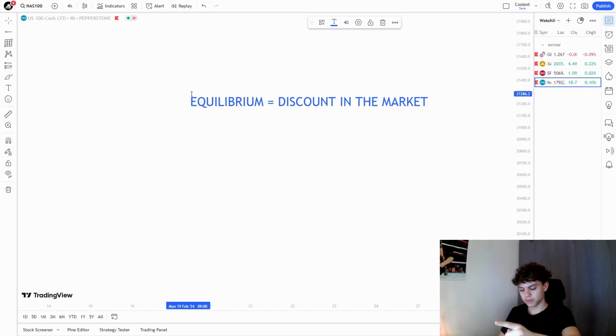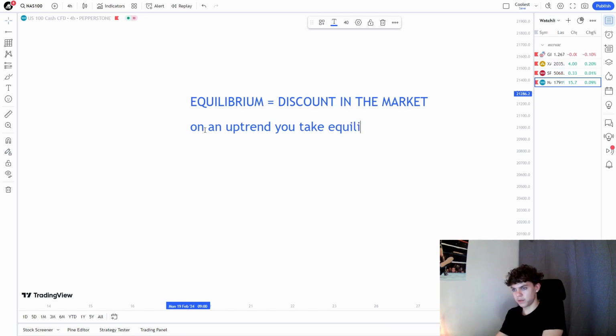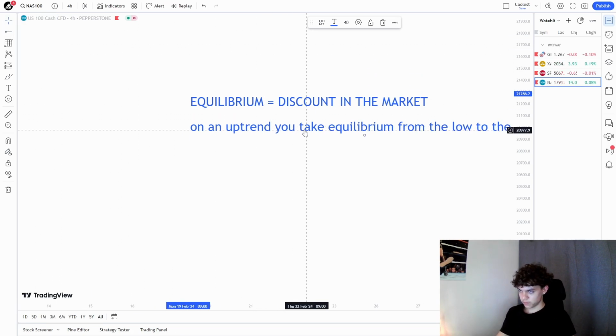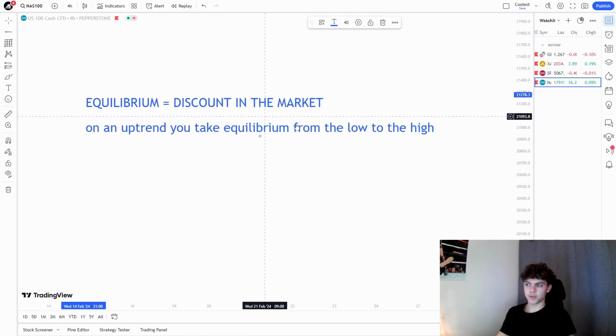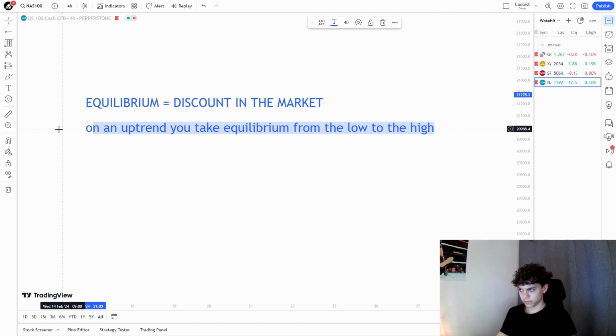What else? How does it work then? On an uptrend, you take equilibrium from the low to the high. Remember this.